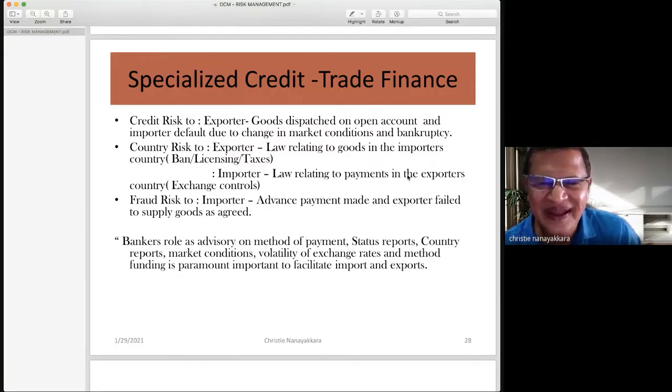Now, there are other ways importers and exporters can exchange goods. If the exporter says, no, I need money in advance before I start manufacturing, we call that advance payment.